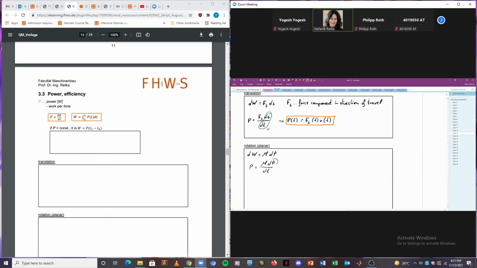And the time derivative of the angle is equal to the angular velocity. Okay, and then power in case of a planar rotation is equal to the moment causing the rotation multiplied by the angular velocity.